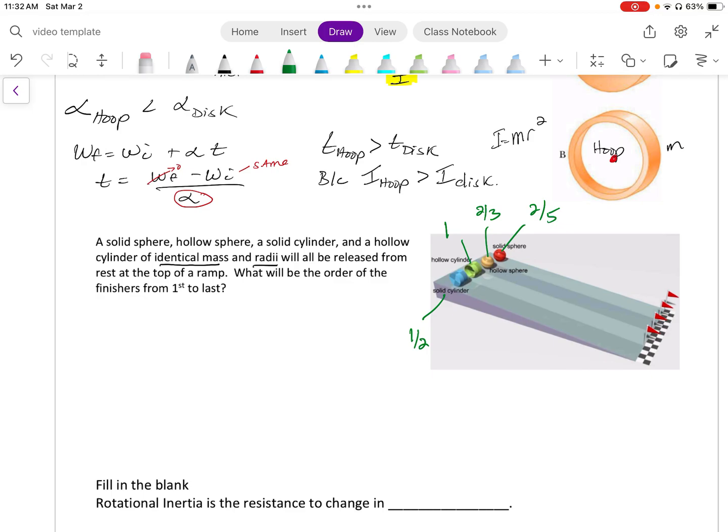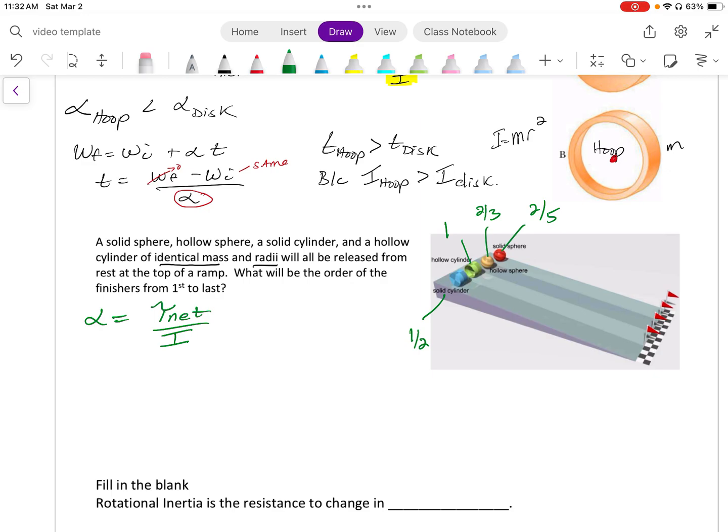So now, which one will get to the bottom first? The one that is easier to accelerate down the ramp will make it to the bottom first. The acceleration is inversely proportional to its rotational inertia. So the one that has the greatest acceleration will get to the bottom first.